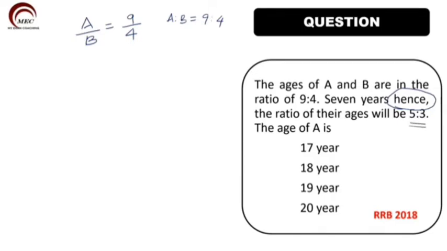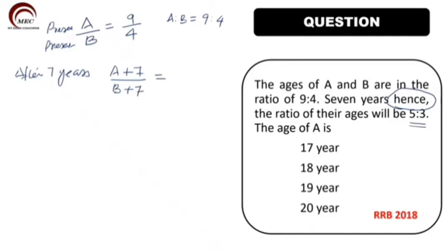After 7 years, let us take this is A and this is B, that is the present age of A and the present age of B. So after 7 years, that means 7 years hence, A will become A plus 7, and B will become B plus 7. 7 years will be added.